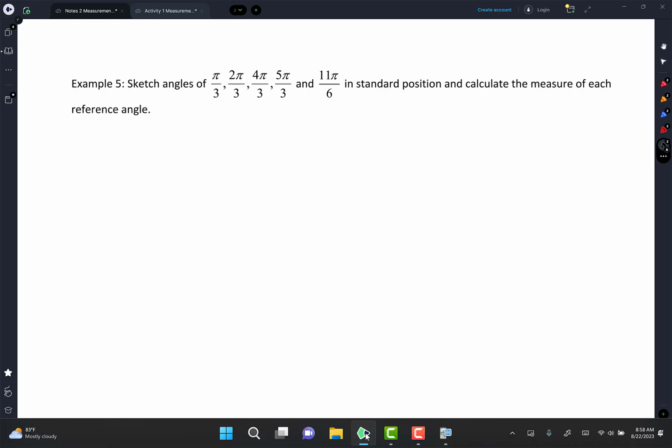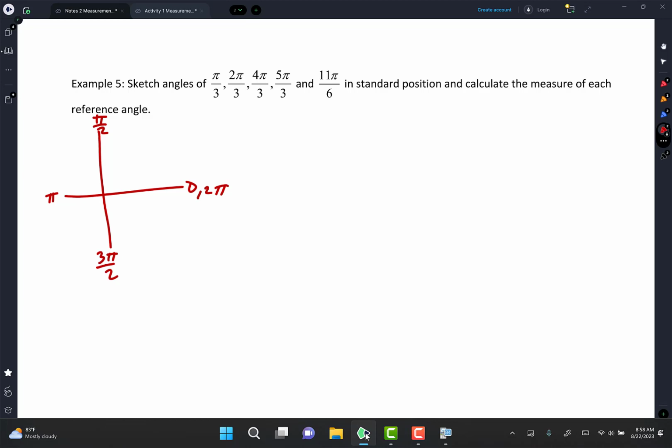Sorry, guys. All right. Sketch these angles. So here we go: 0, pi over 2, pi, 3 pi over 2, 2 pi. If you wanted to, I've had kids before that just convert everything to degrees. That is fine, but I want you guys to get comfortable with radians.